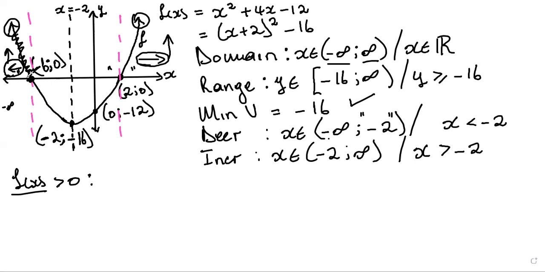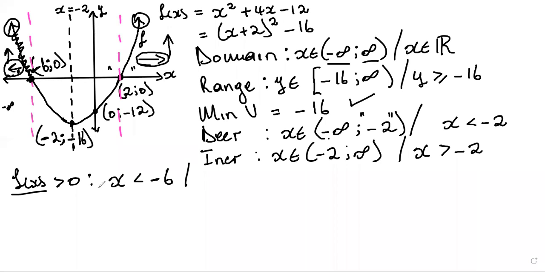So this means from -infinity up until -6, f of x is going to be positive. So that's the first interval. You tell them that you can either say from -infinity up until -6, or you can say it's where x is less than -6. Either of these notations is acceptable.